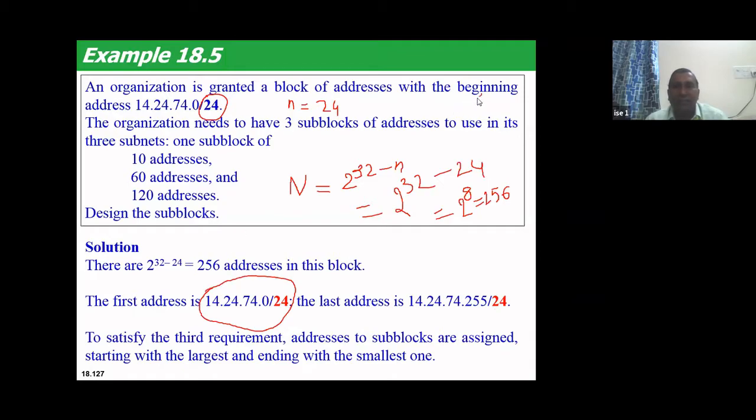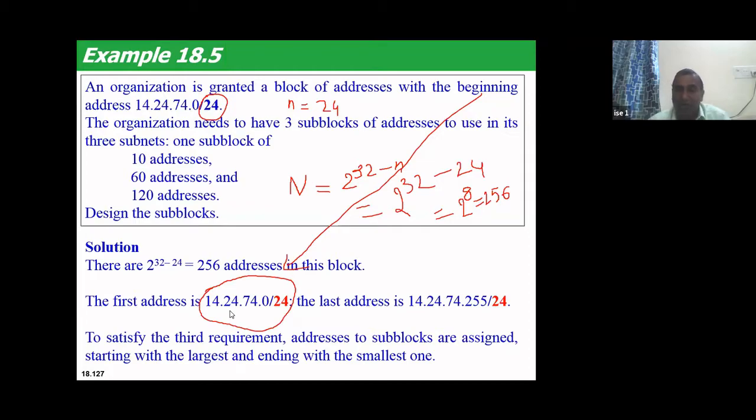This is the beginning address given to me, and the last address is the end of the 256 total. 0 and then 1 to 255 gives 256 addresses in all. So 256 addresses have been assigned to the organization, say Infosys, Wipro, or anyone.